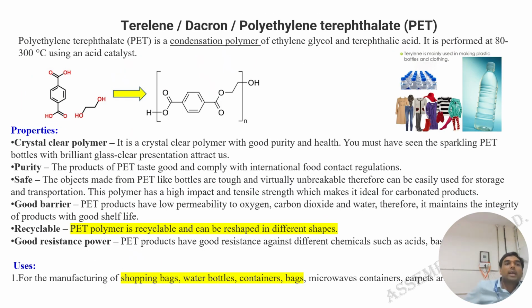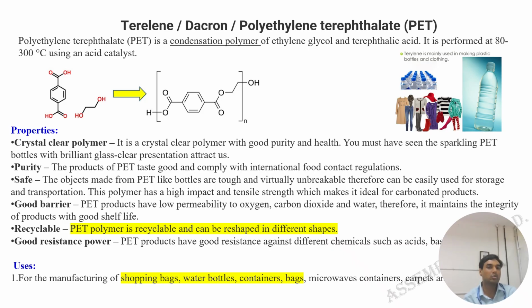Then there is the para-hydroxy carboxylic acid with the ester group, right? So basically carboxylic acid and this ester group. That's called polyethylene terephthalate. Polyethylene terephthalate has low permeability to oxygen, carbon dioxide, and water, and it maintains good shelf life.